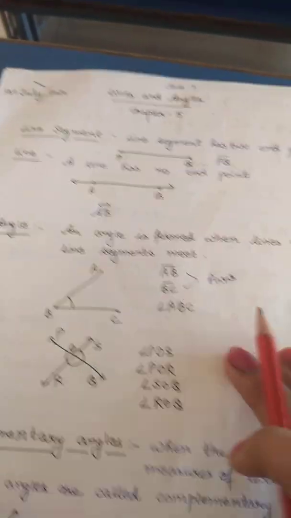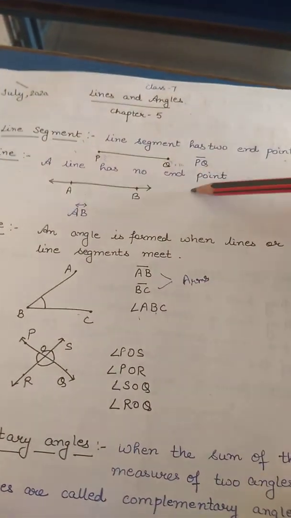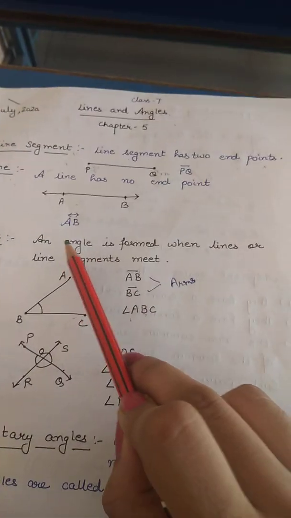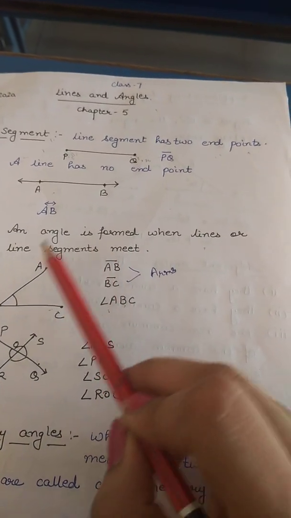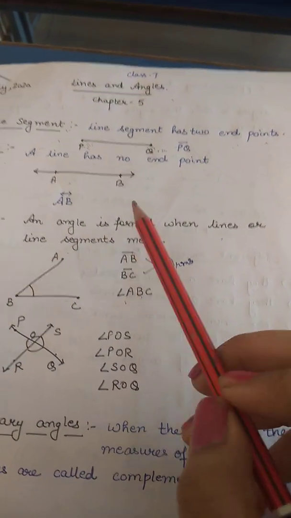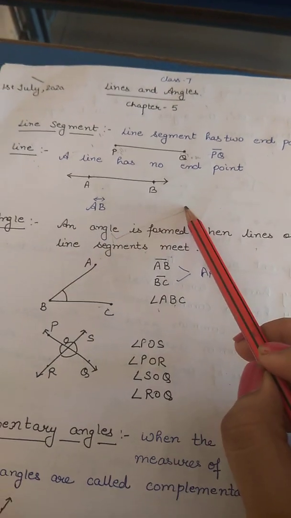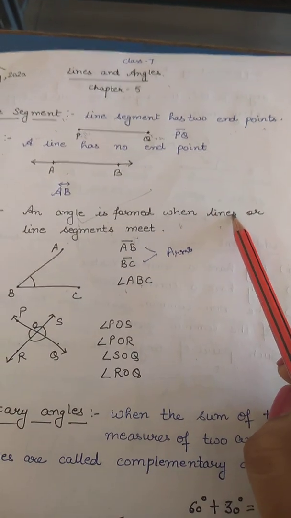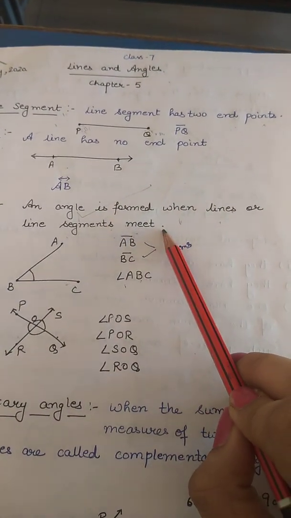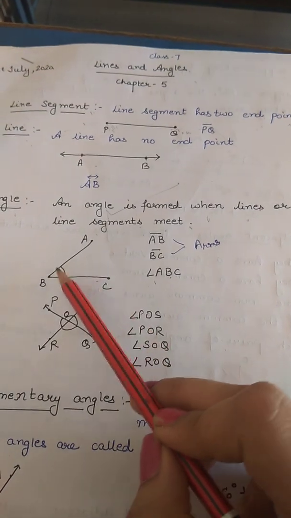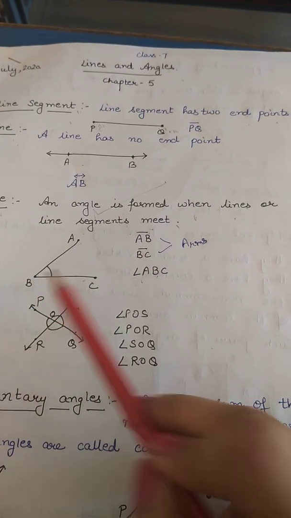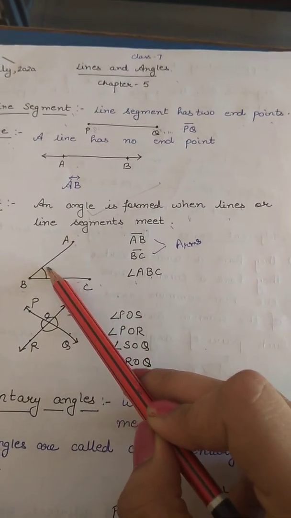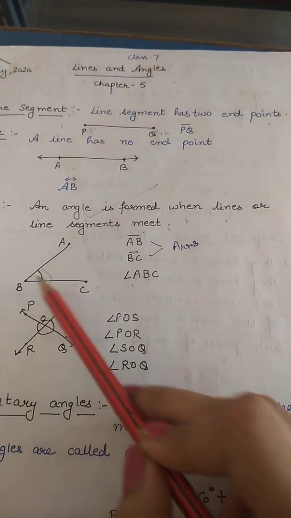Now see, further, what we can do with the lines or a line segment. When we join two lines or line segments, then an angle is formed. Now what is an angle? An angle is formed when lines or line segments meet together. See, here AB is a line segment and BC is a line segment. And AB and BC form an angle ABC.